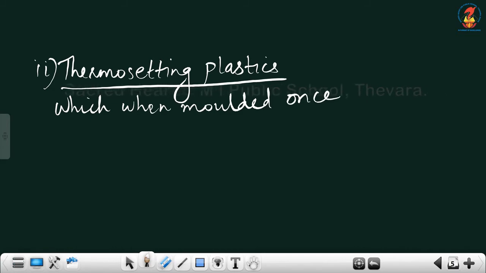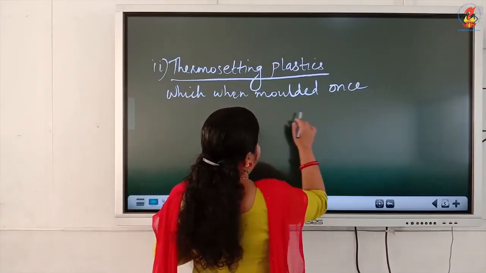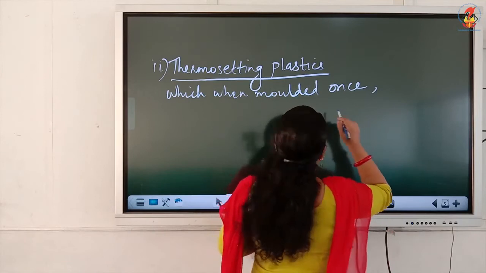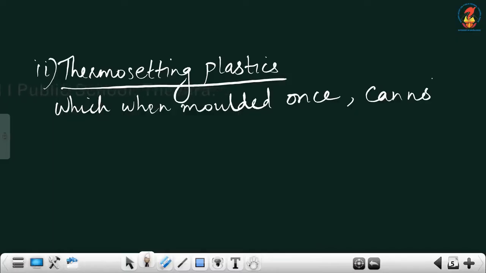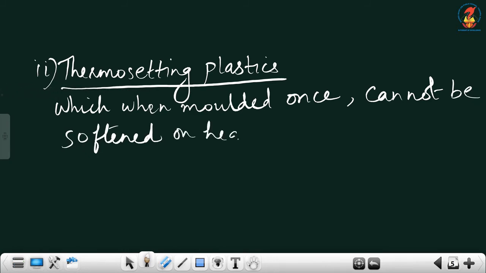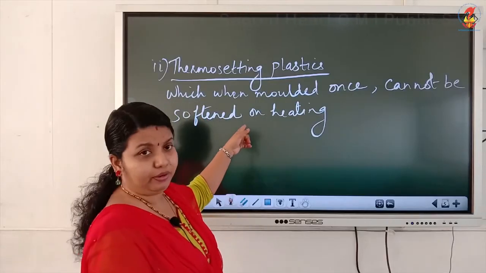Molding means making into a particular shape. Once it is molded into a particular shape, plastics which when molded once cannot be softened on heating. It is just the opposite of thermoplastics. Once made into a particular shape, heating doesn't produce any change on it. They cannot be softened again on heating.